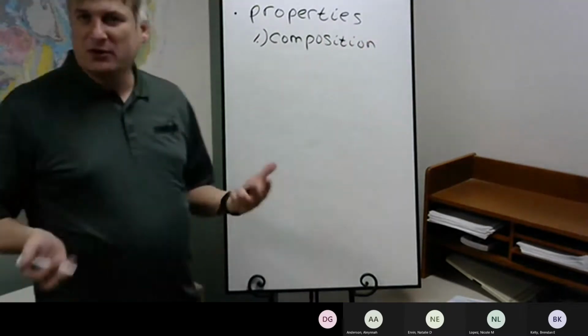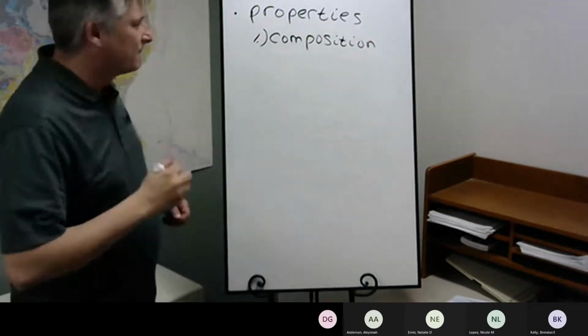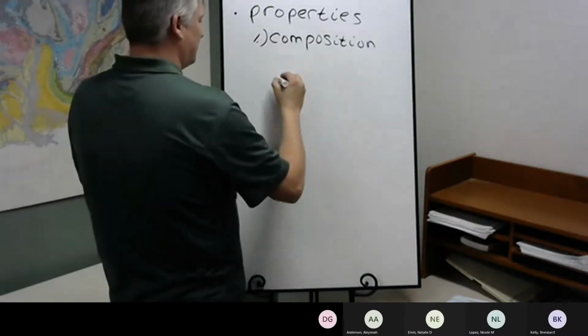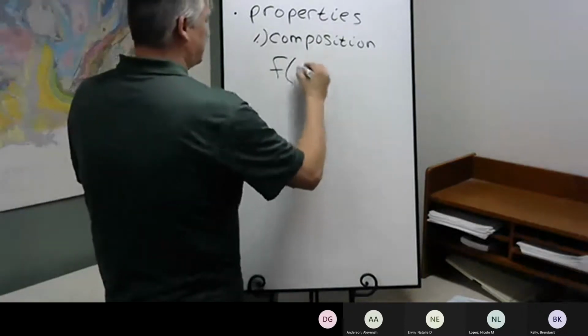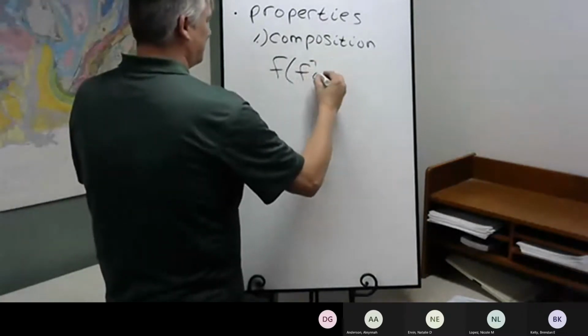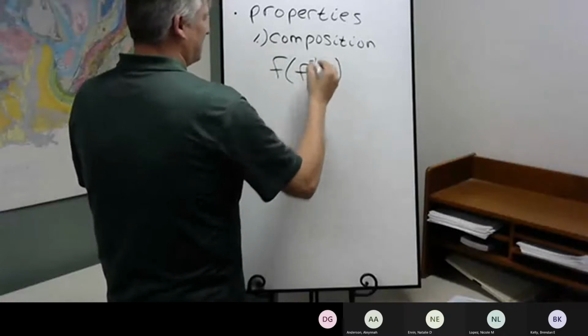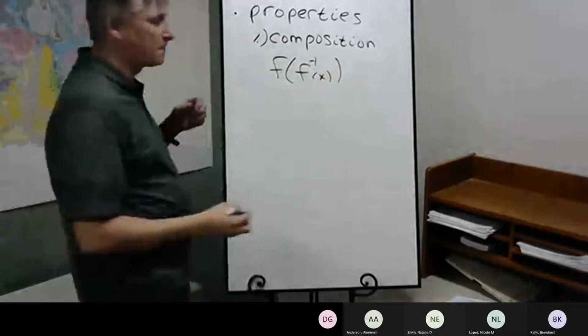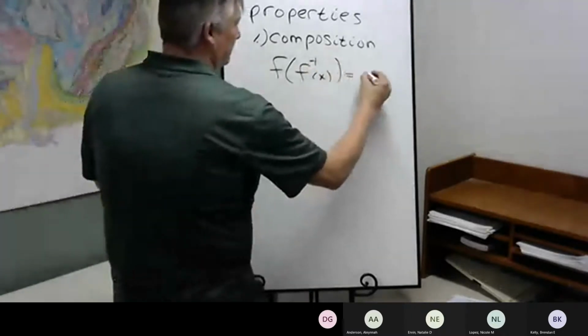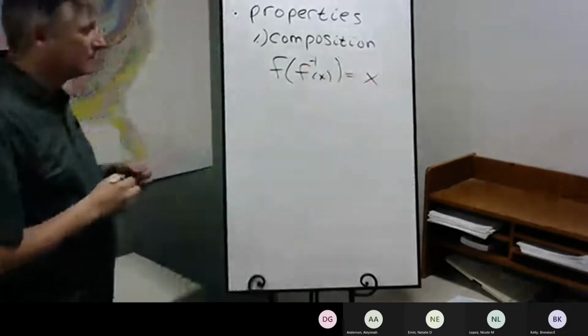So if two functions are inverses of each other, if we compose them, meaning we place the inverse inside the original function, we just get x.